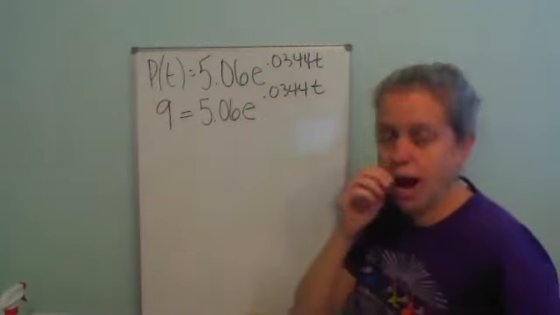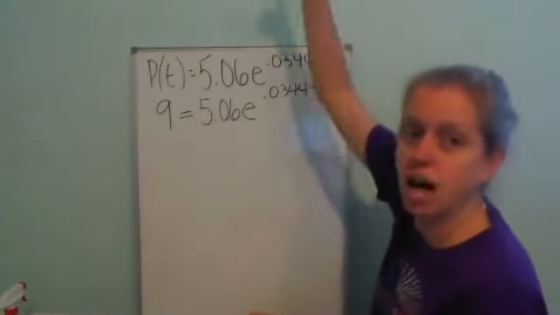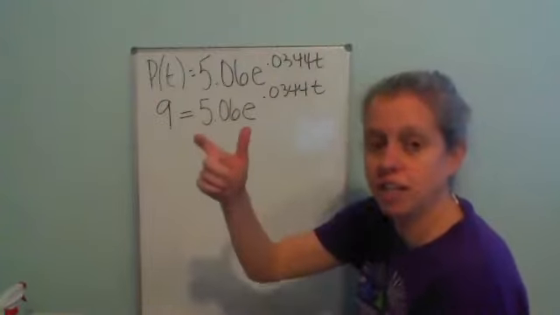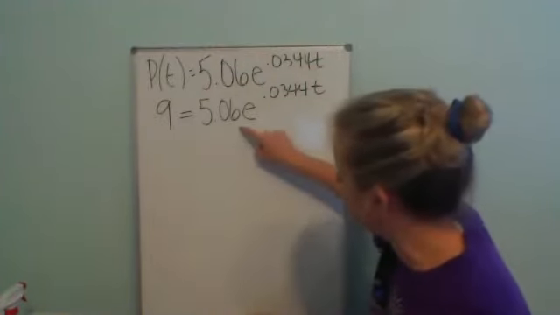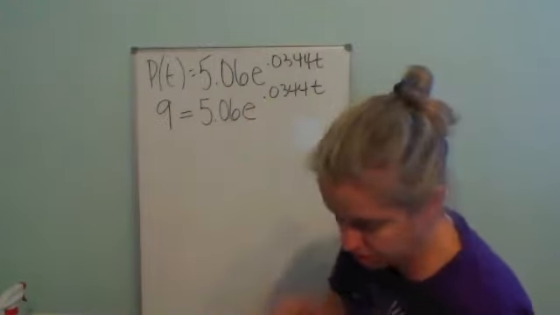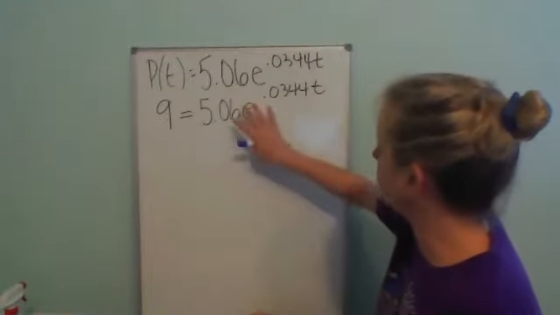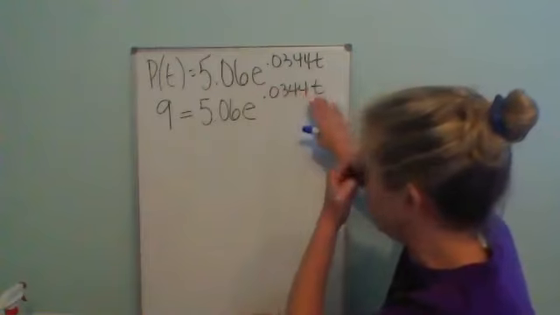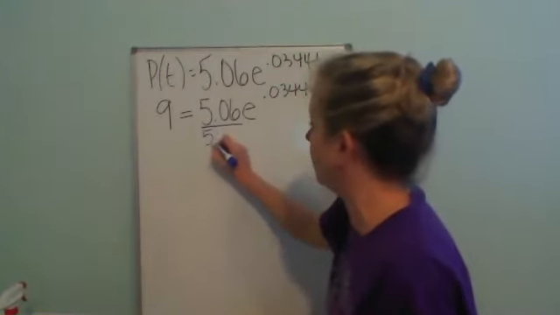Now remember, the letter that we are solving for is up in my exponent. The rule that we use to get the variable out of the exponent and down here is we're going to log, or in this case, we're going to ln both sides. But before we do that, remember, I just need all of this to go away so that t is by itself. Well, I can make this 5.06 go away right now.